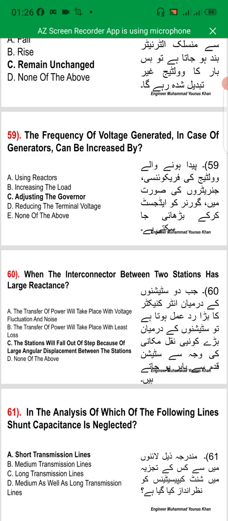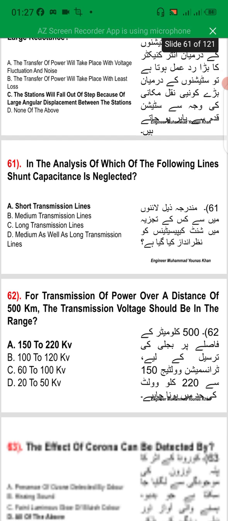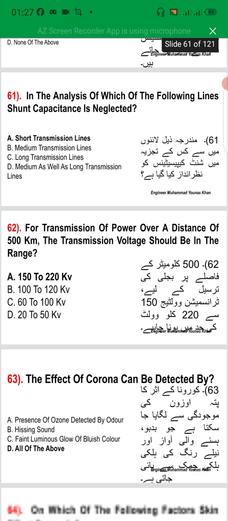When the interconnector between two stations has large reactance, the station will fall out of step because of large angular displacement between the stations. In the analysis of which of the following lines is shunt capacitance neglected? Short transmission lines.